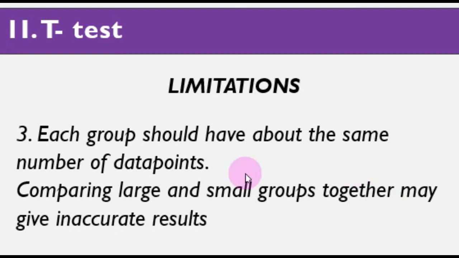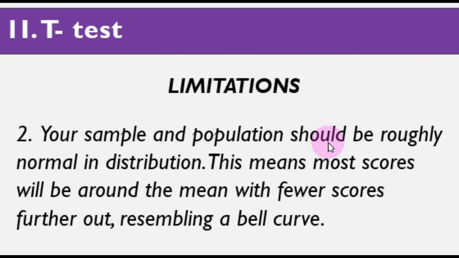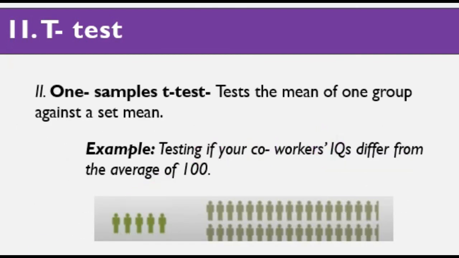So, ibig sabihin, kung nagko-compare ka, halimbawa dito sa one sample t-test, may hirap ma-identify kung accurate ang data na ginamit mo. Okay, makapag-produce ka kasi dito sa one sample t-test ng inaccurate type of data because onti yung participants mo, kinu-compare mo siya sa mas madami.